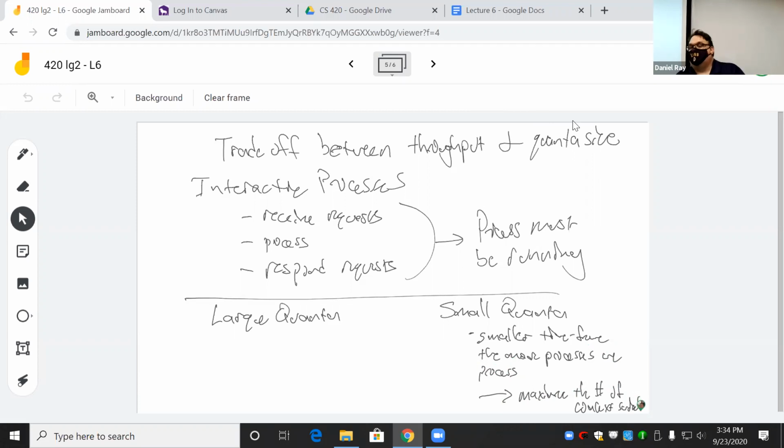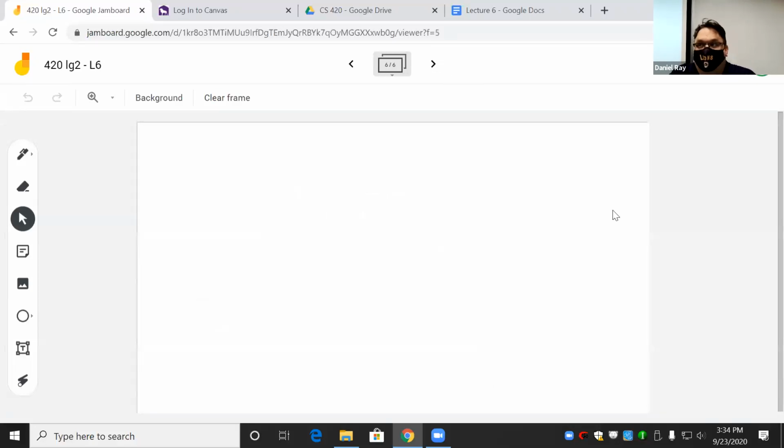Okay? Maximize the number of times that we move one process off the processor and put another one on. All right, what's the problem with that? Well, it depends on our scheduling. Depends on which scheduling we're using.